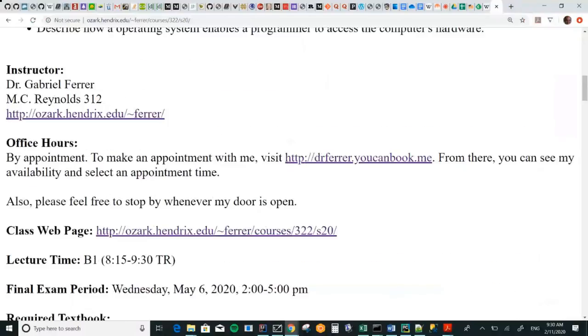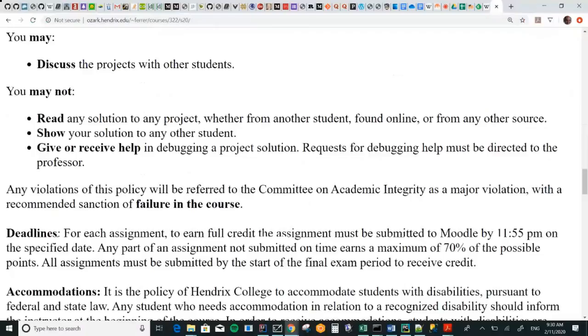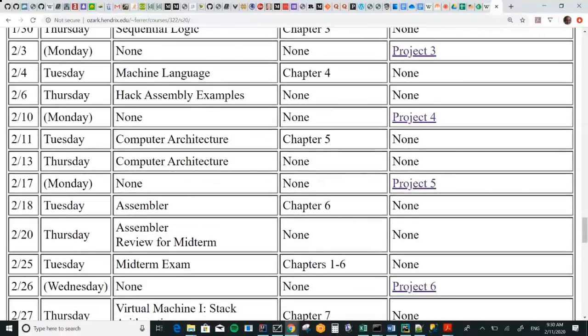The midterm is on the 25th. So a week from today, on the 18th, I will distribute a practice exam. I want you all to try to work the problems on the practice exam and bring it with you on Thursday the 20th. We'll go over the answers, then we'll have the midterm on the 25th.